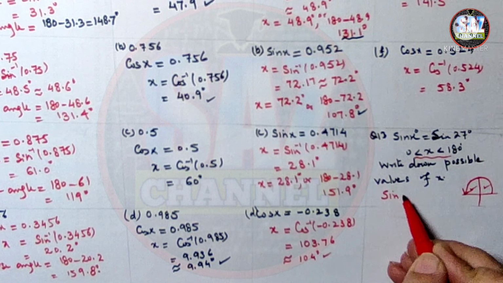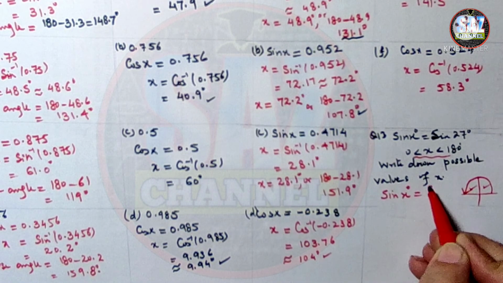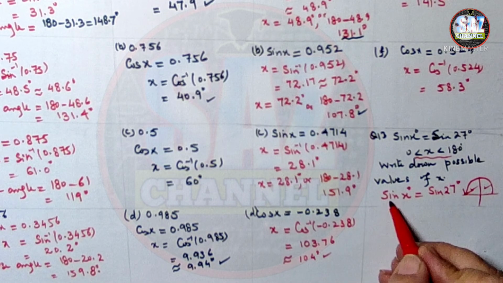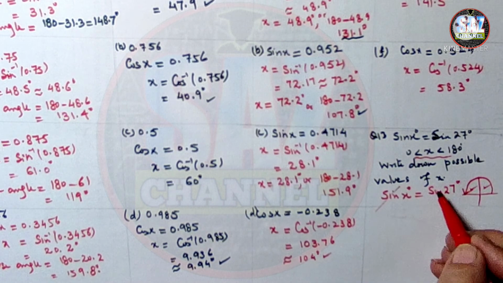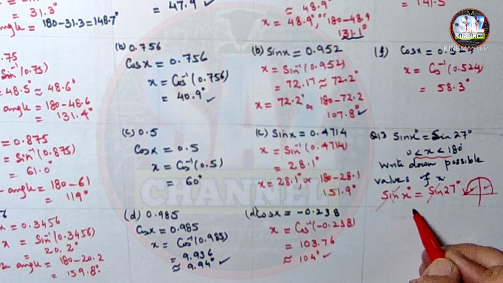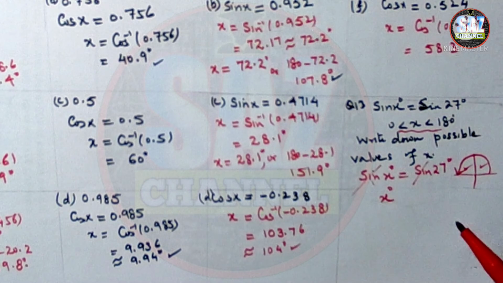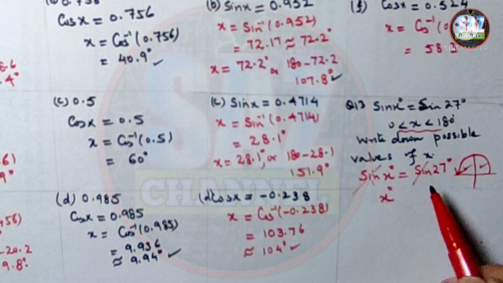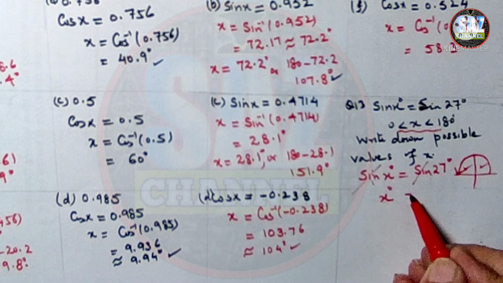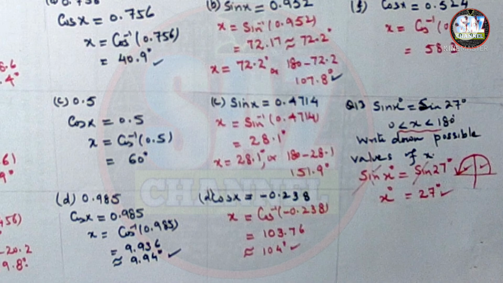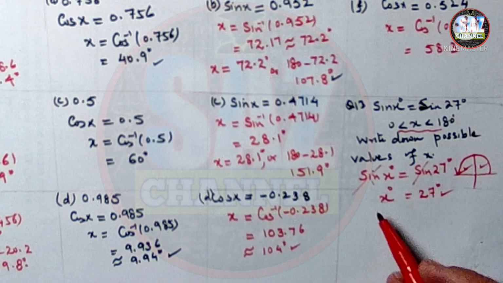As this is given, sine of x degrees equals sine 27 degrees. Now I can remove the trigonometric ratio sine on both sides by taking sine inverse, and as the sine goes with sine, I will have x equals 27 degrees, which is the acute angle and one of the possible values of x.